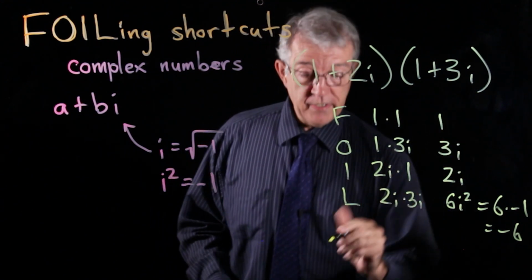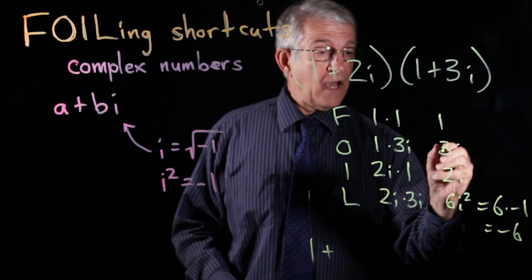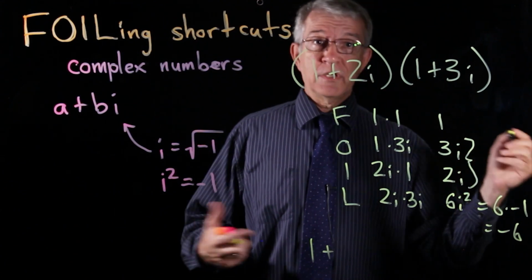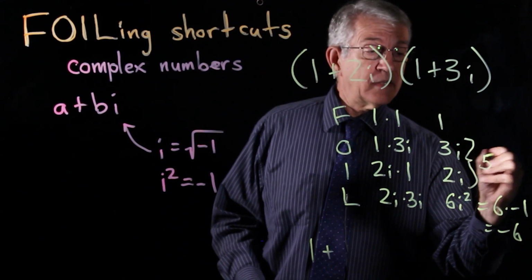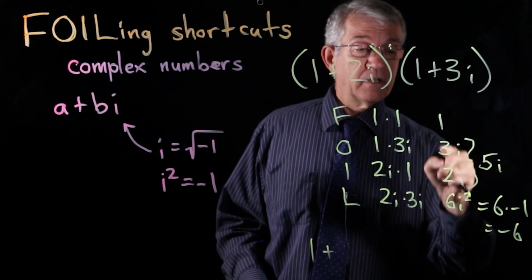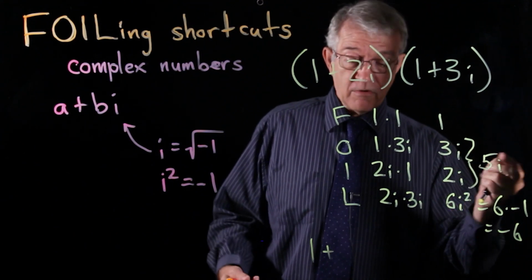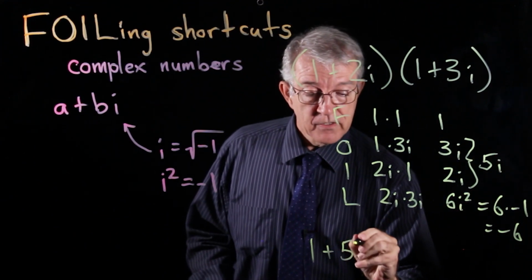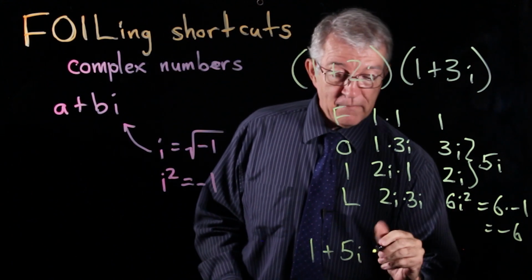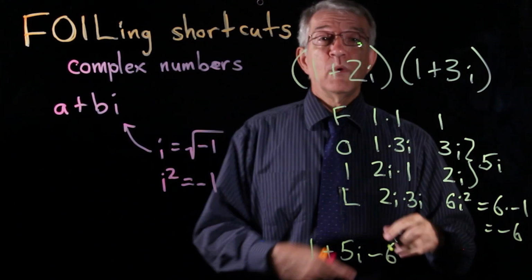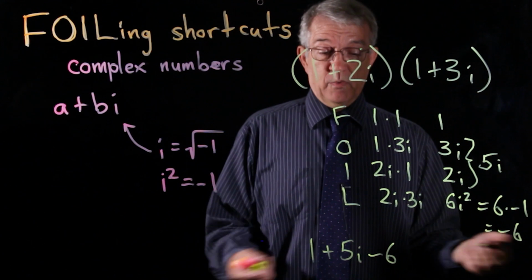So the way all the books will teach you to do this is just how I've done it. We have 1, we have 3i plus 2i, and of course we'll combine those, right? They're both some coefficient number times an i, so 5i. So far so good. And then -6. When we were doing the earlier problems, we were done.